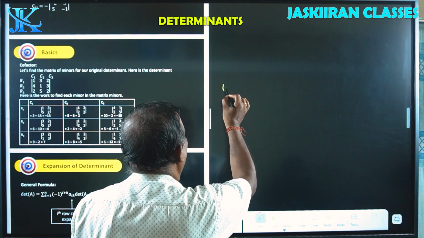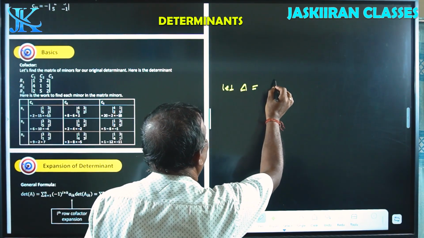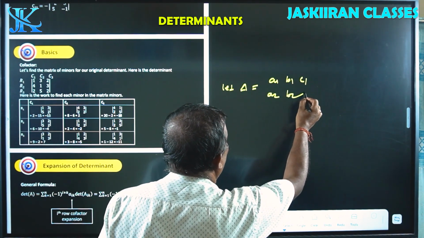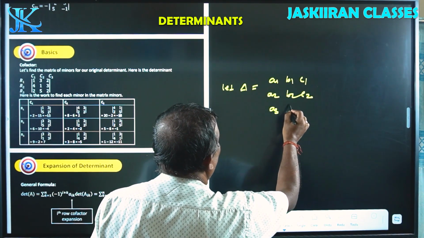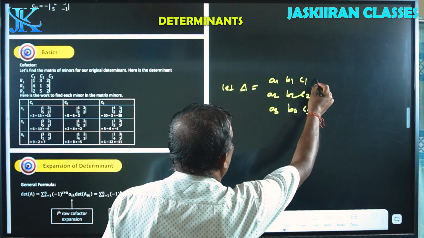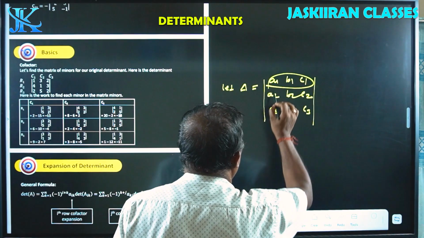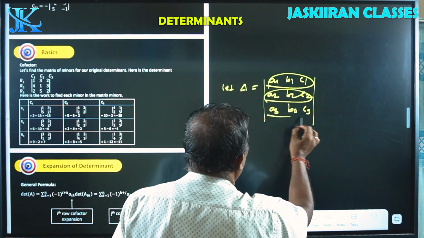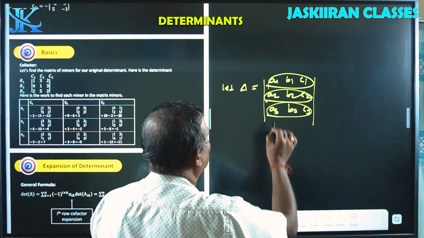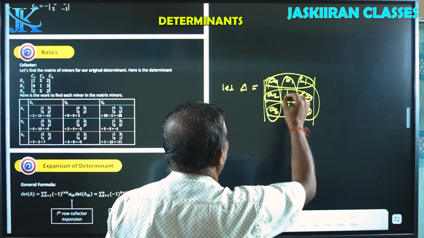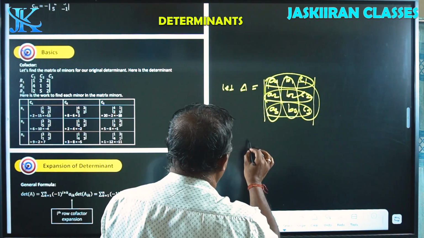Let Δ equal A1, B1, C1, A2, B2, C2, A3, B3, C3. Now expanding along R1, R2 and R3, and similarly along column 1, column 2 or column 3. How to expand along column 1?